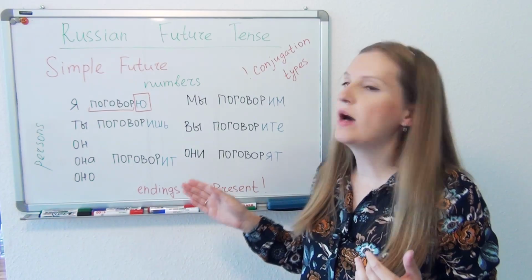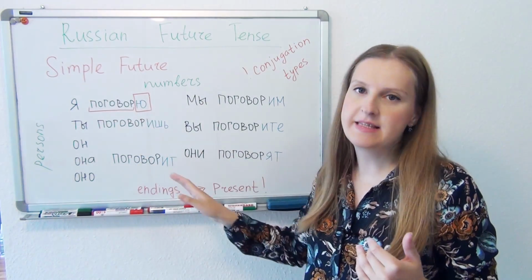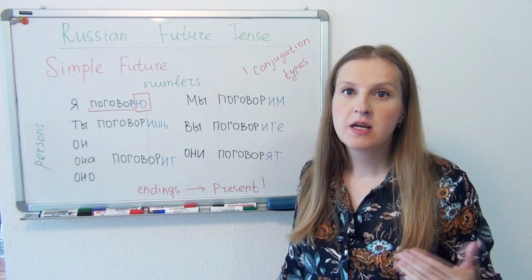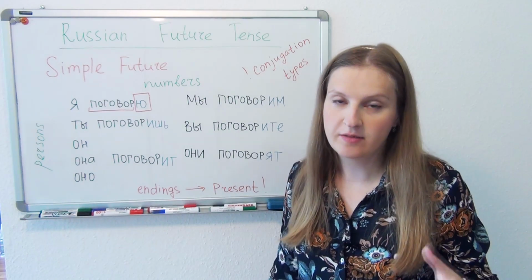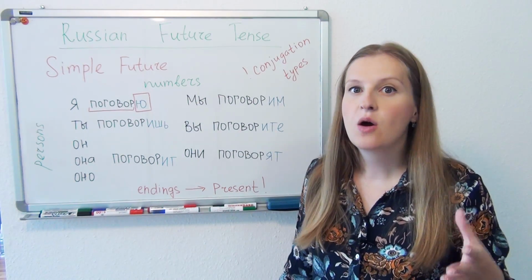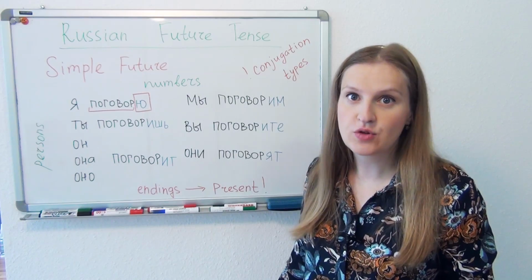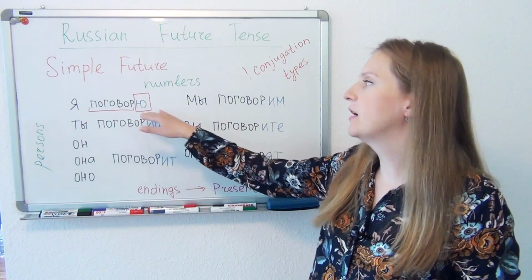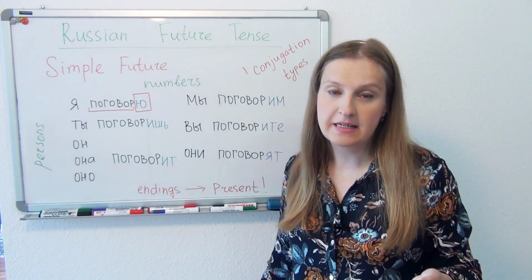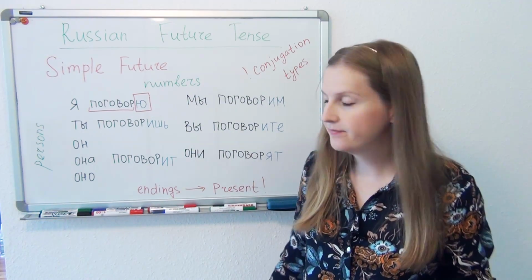Let's conjugate one verb, поговорить, to speak, when we talk about a finished action and we have a result, or when we talk about a fact in future. Я поговорю, I will speak, or I will have spoken.